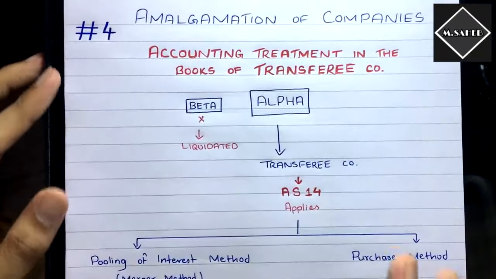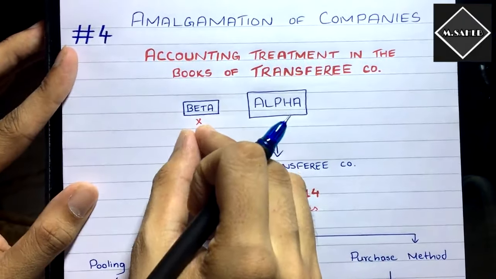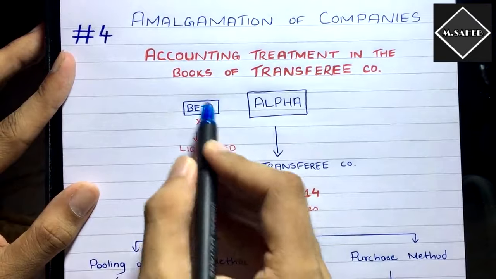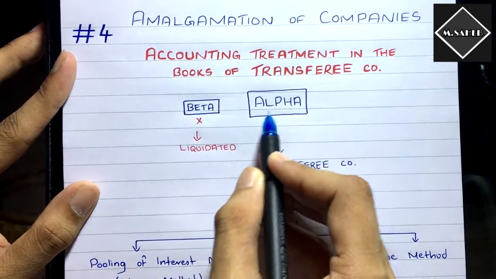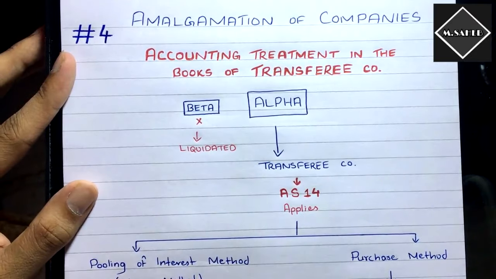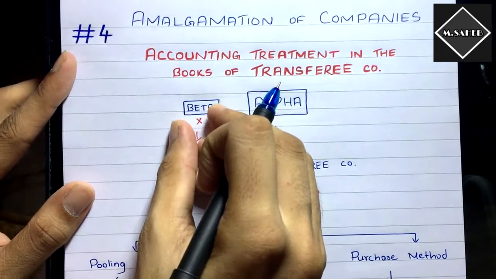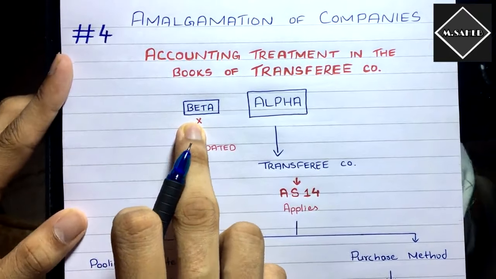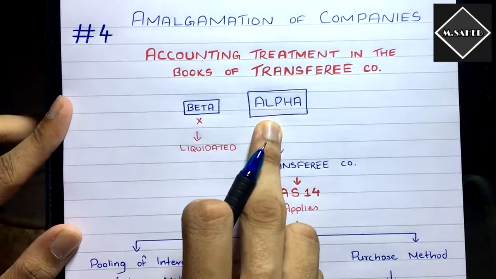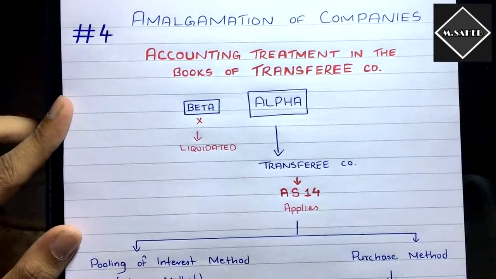That means shareholders who have 90% of equity share capital of Beta Company should become equity shareholders of Alpha Company. जो भी shareholders हैं जिनके पास 90% शेयर कैपिटल है of Beta Company, वो लोग shareholders बन जाना चाहिए of Alpha Company. Simple as that.